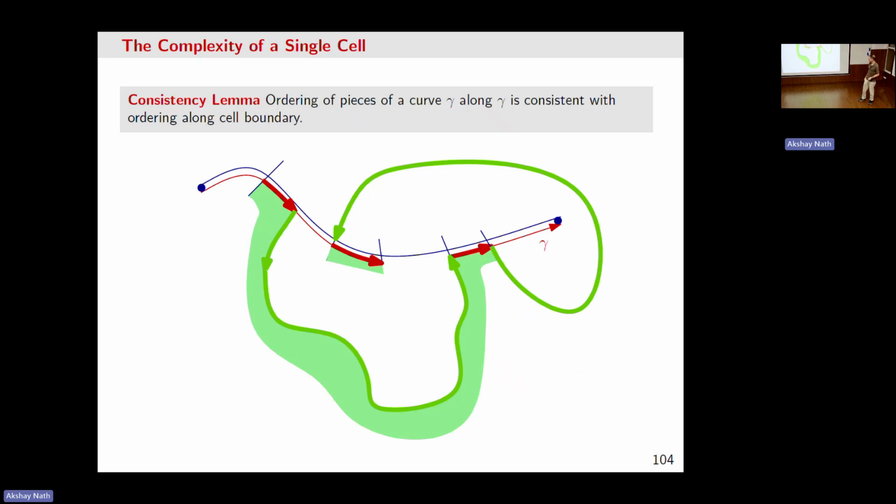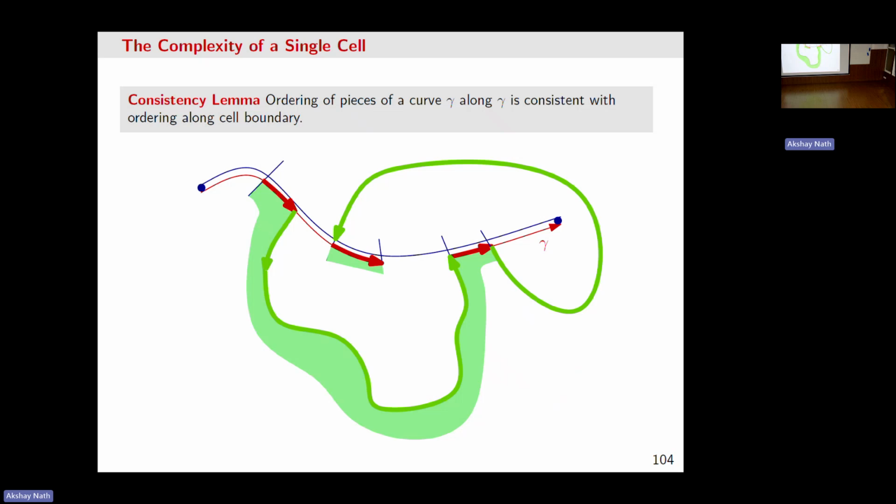And that's the following. Suppose I follow this segment, let's say the bottom side, from one endpoint to the other endpoint. And I have my single cell, which is the green stuff. Maybe here the red curve contributes to the boundary, and here again, and so on.